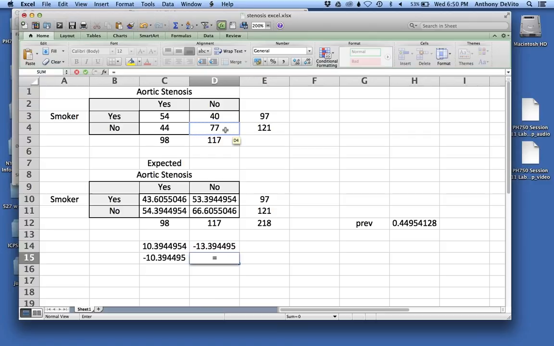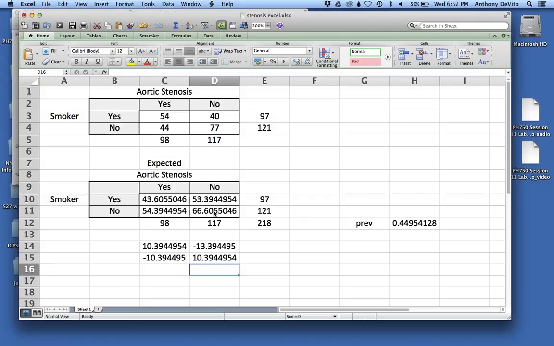And finally, in the last box, we observed 77. We expected that we should have gotten 66. So now these are all the differences. Anytime you actually do this, there's always going to be a difference. It's never going to be 0, 0, 0, 0. Why not? First of all, when we're working with real people, there are whole numbers in there, not fractions.